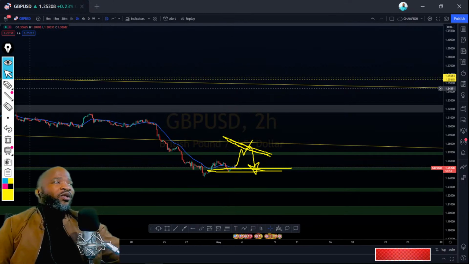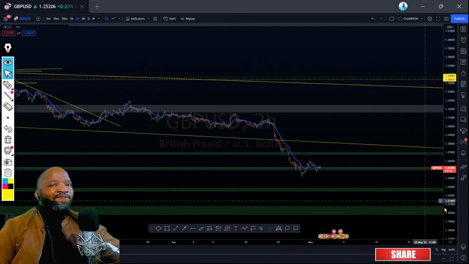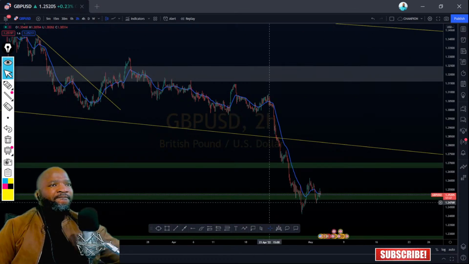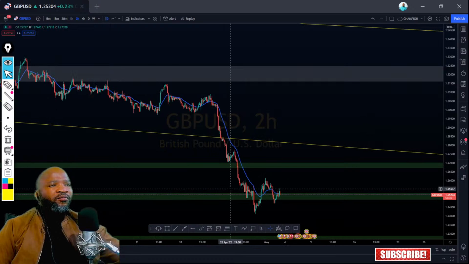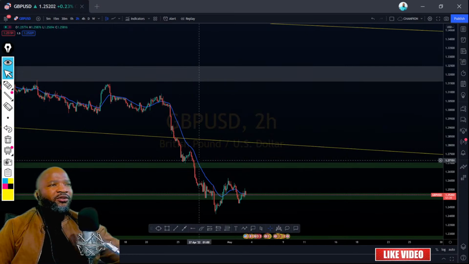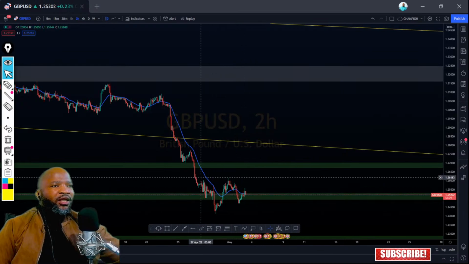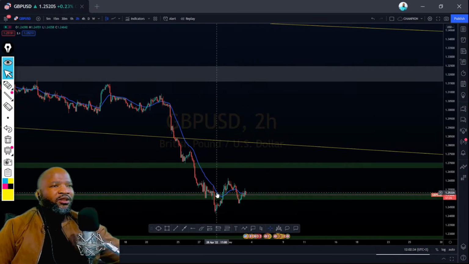Let's see what could happen. Let me clean this. Our price seems like it was having a very strong bearish move. Seems like it's about to respect the area. As you can see, the price is losing momentum.